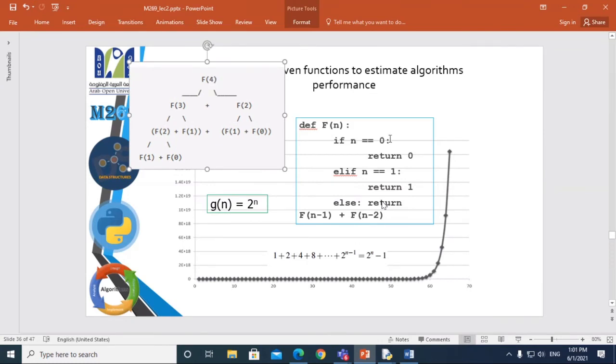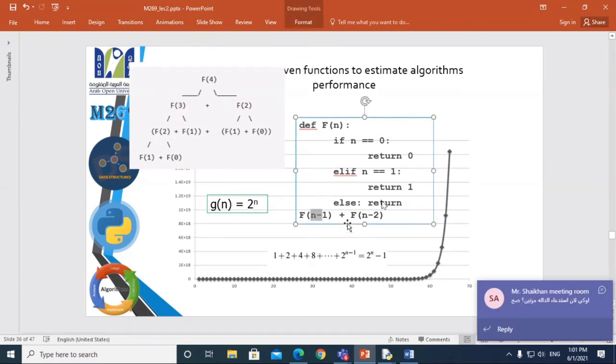Does n equal 0? No. Does n equal 1? No. So what? Return f(n minus 1), which is 3, plus f(n minus 2). n is 4, minus 2 is 2. So it will execute that one.